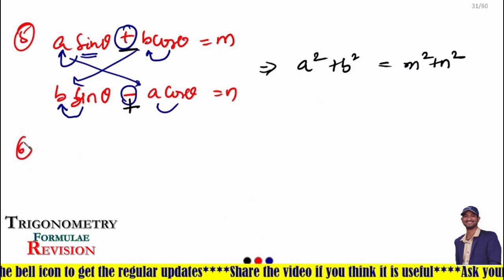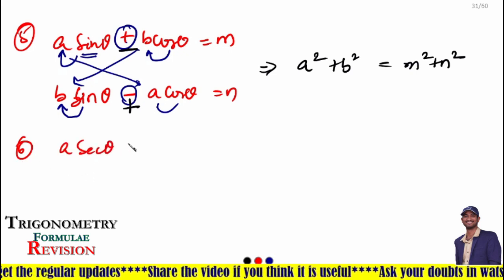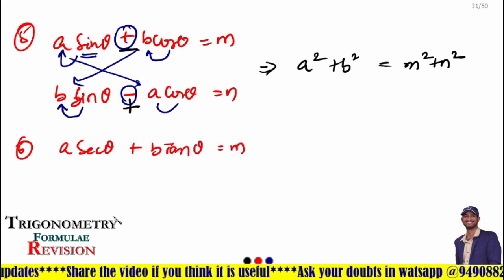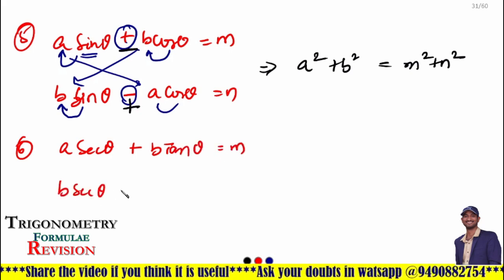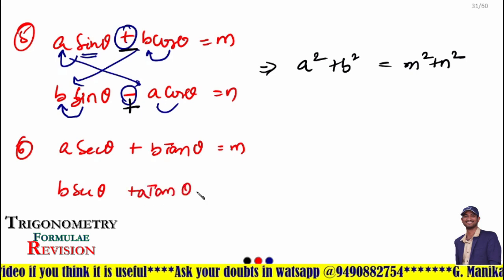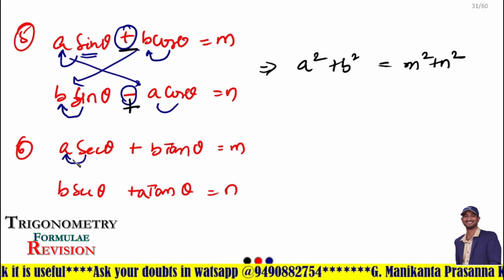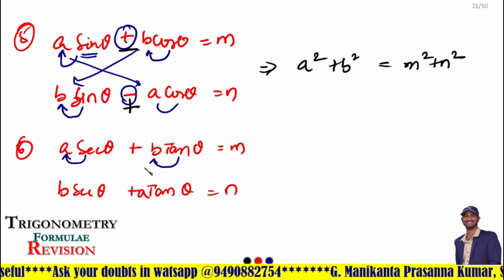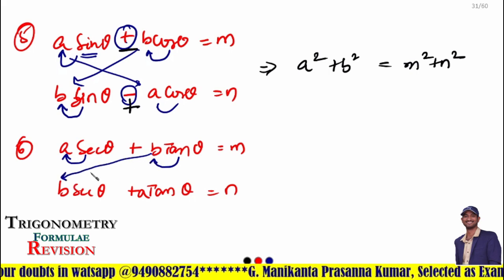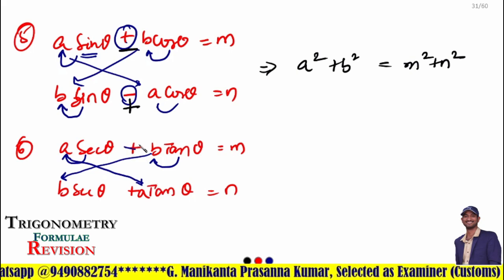Similarly, there is the sixth one. a secant theta plus b tan theta is equal to m and b secant theta plus a tan theta is equal to n. Please observe, the coefficient of secant is a, the coefficient of tan is b. In the next equation, they have to interchange. b should be the coefficient of secant and a should be the coefficient of tan, and never change the sign.